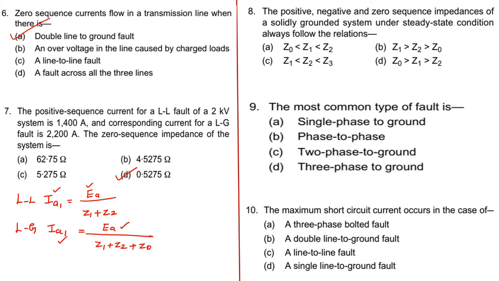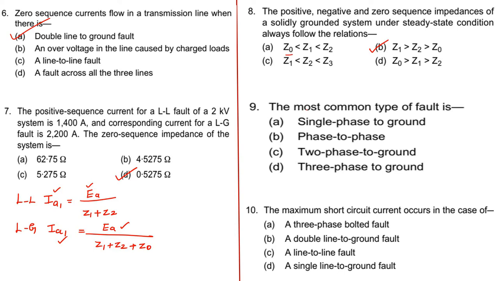Here Z1 is the positive sequence impedance, Z2 negative sequence impedance and Z0 is the zero sequence impedance. For solidly grounded system, zero sequence impedance will be minimum because in that current will flow in the circuit, but reverse in positive sequence case. So the answer is B. Z1 is greater than Z2, that is greater than Z0.